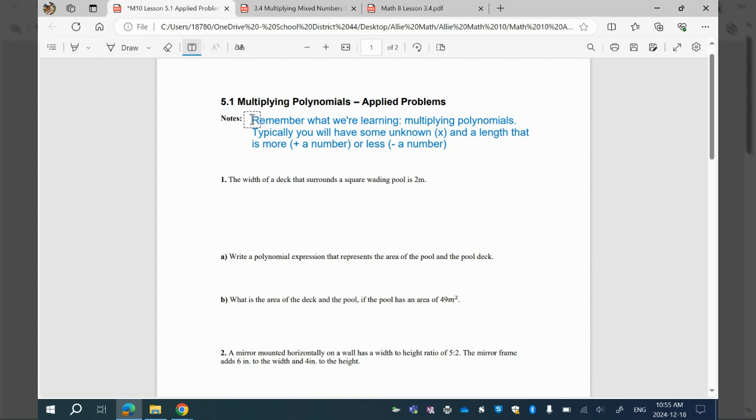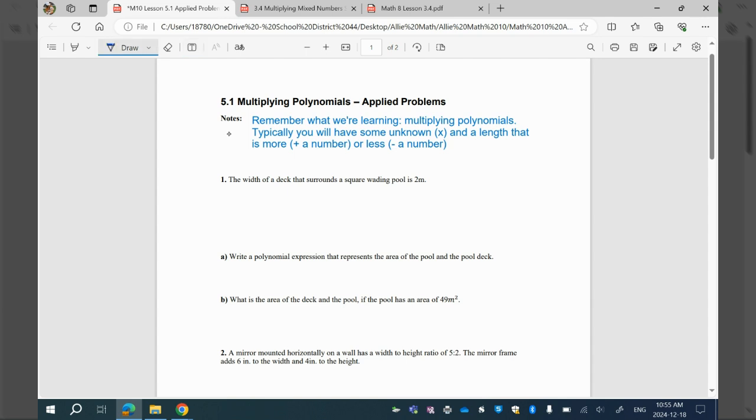Can you write down? So basically, we're learning about multiplying polynomials. Remember what the questions have looked like that we've done. You're multiplying polynomials, and typically we have some unknown like x and a length that is more a number or less a number.